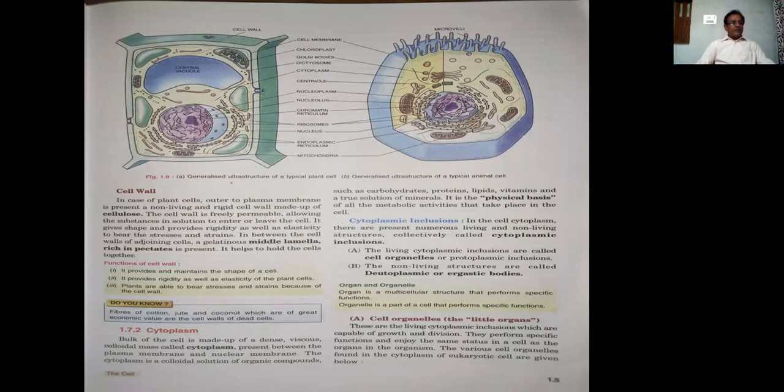Mitochondria, a very important cell organelle, the powerhouse of the cell, is a double membrane bound cell organelle. It has an outer membrane and an inner membrane having a large number of invaginations, finger-like projections.